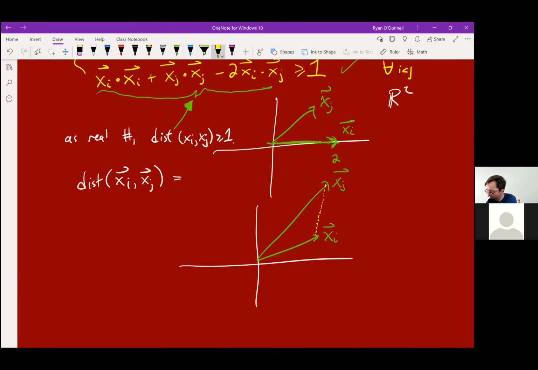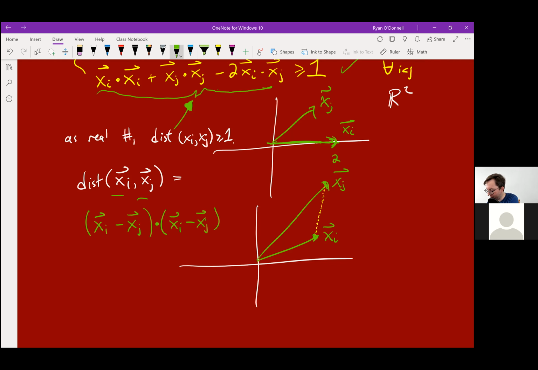It's like the length of this yellow dashed thing. It's the length of a certain vector. Which vector? The yellow vector. How do I express it in terms of xi and xj? It's xi minus xj, the dot product of xi minus xj with xi minus xj. Yeah, that's the distance squared.